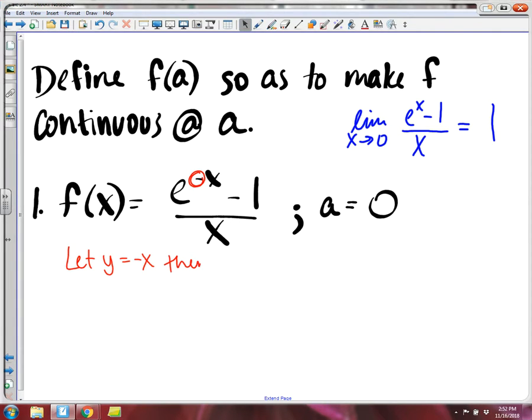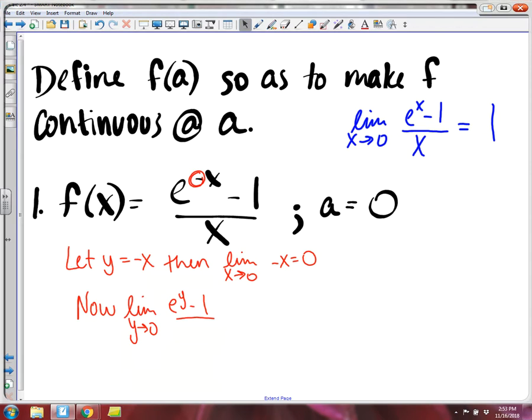Then the limit as x approaches 0 of negative x is still 0. Now I have the limit as y approaches 0 of e to the y minus 1.